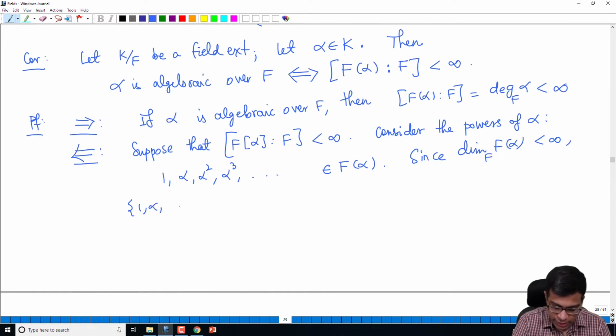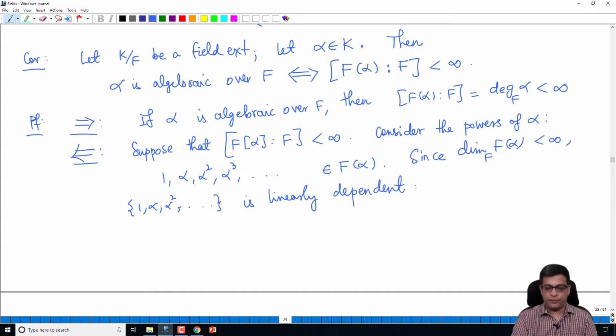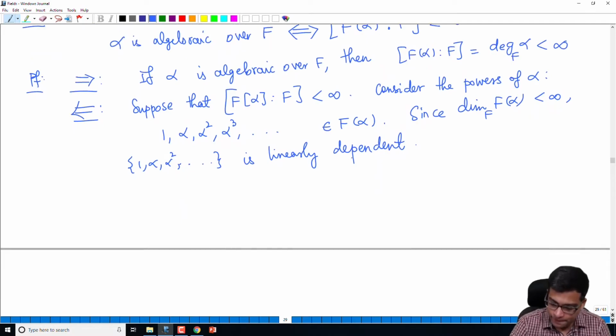In other words, this set is linearly dependent, right? Because you have an infinite set here in a finite dimensional vector space. That infinite set cannot be linearly independent. Remember, if dimension is 100, any set containing more than 100 elements has to be linearly dependent, because if it is linearly independent, you have a linearly independent set which has more elements than a basis, which is not possible. So this is linearly dependent.